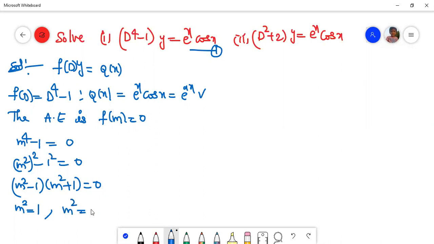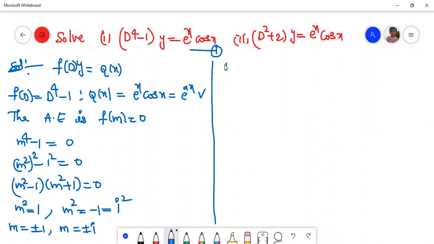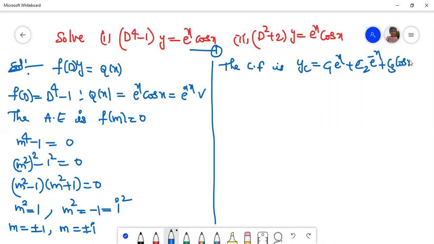Another is m square equal to minus 1, that is equal to i square. Here m equals plus or minus 1, m equals plus or minus i. So the complementary function is yc equal to c1 e power x plus c2 e power minus x plus e power 0x into c3 cos x plus c4 sin x.